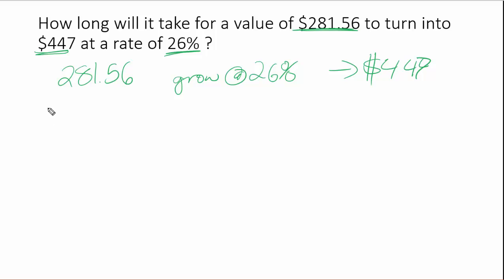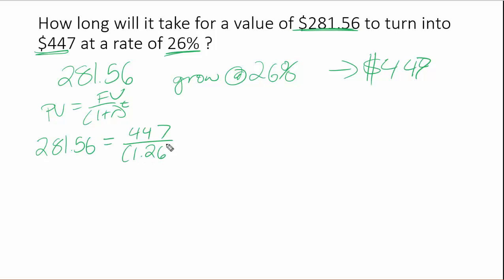So what we're looking at here is our basic present value formula. What we're trying to do is simply plug these numbers in and solve for the unknown factor. So we have $281.56 is equal to $447 divided by 1.26, right? 1 plus R is 26%, so this is 1.26, raised to the t power.